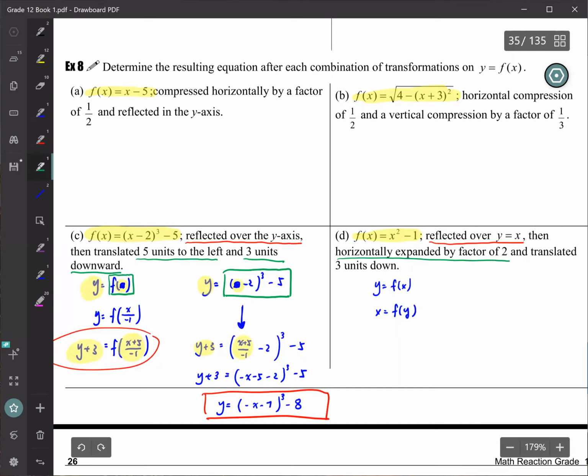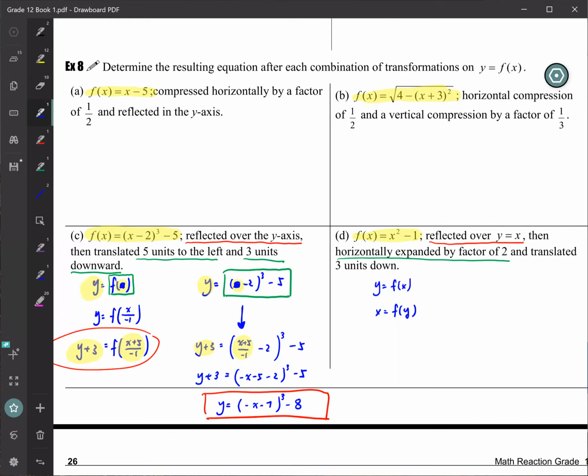What do we do? We need to put a 2 where?